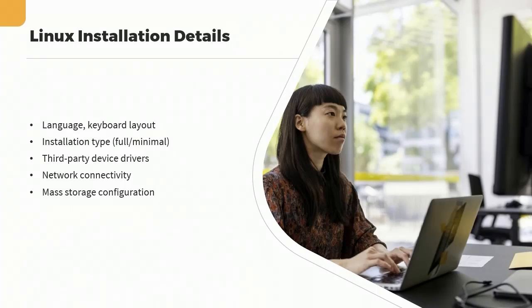You'll have to specify some credentials for your installation, like a username and a password. And if you're not doing a full installation, you might get an option, depending on the Linux distribution installer, to add additional software packages to your installation at that time. You can always do that later. You might also, during the Linux installation, have the option of saying that you want to apply updates immediately. So all of this can be automated in many ways, such as with a scripted answer file, or if you did this installation once and created a golden reference image from it, you then apply to new Linux machines.